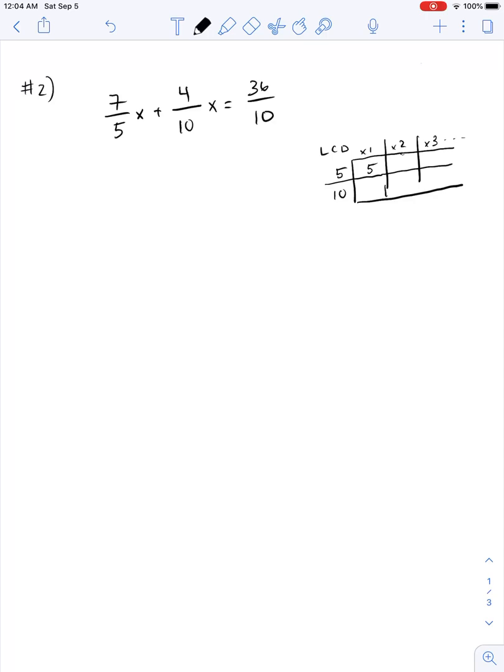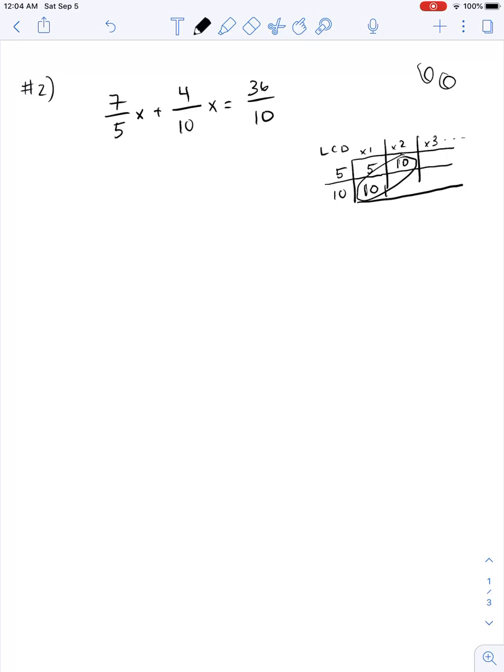Here this is 5. That's... Oh, looks like my pen's dying. That's 10. Here is 10. So your LCD there is 10. But this is how we find our LCDs.